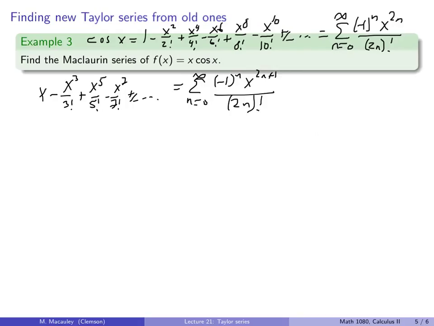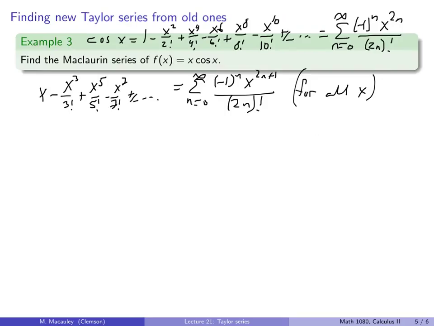And this thing converges everywhere. Instead of saying converges everywhere, I'm just going to say that this holds for all x. And it holds for all x because this converged for all x. So if this converged for all x, multiplying by x is not going to change the convergence as well.